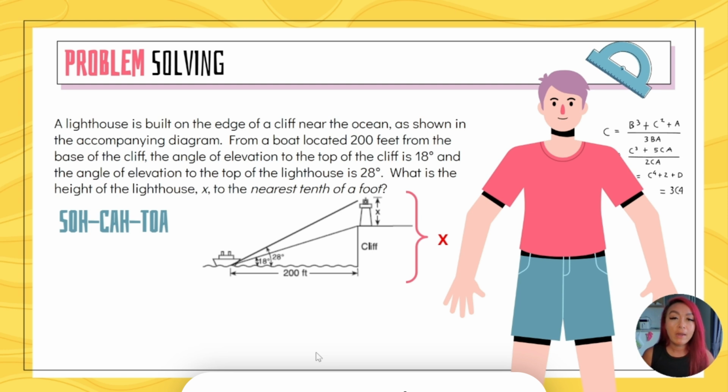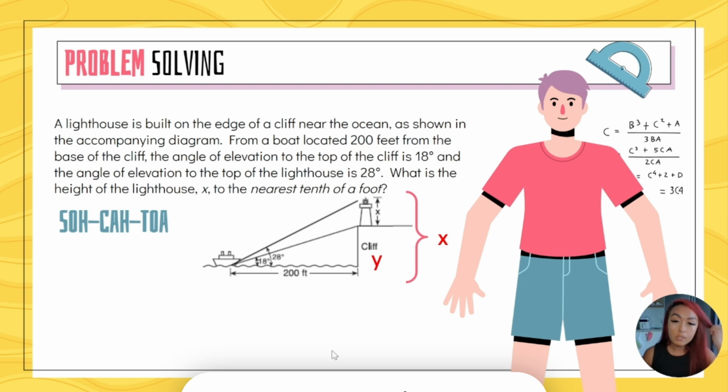So I'm going to call that entire side X. Now, if you look at the smaller angle, the 18-degree angle, it creates this smaller right triangle, and that will help us find the length of the cliff here. I'm going to call that Y.